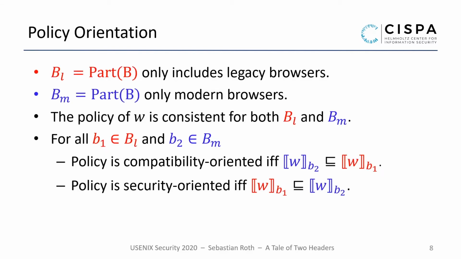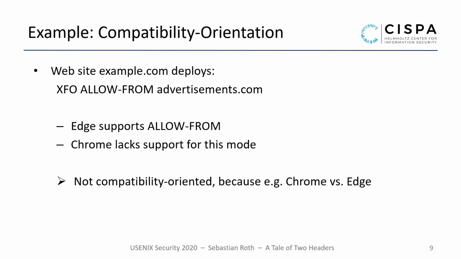Another important definition is about whether a policy is security or compatibility oriented. A framing policy is compatibility oriented if it restricts modern browsers less or equal to legacy browsers. However, a policy is security oriented if it restricts legacy browsers less or equal to modern browsers. But let's have a look at some examples here.